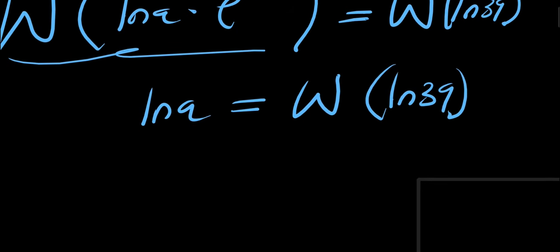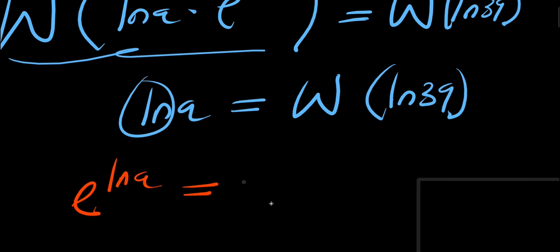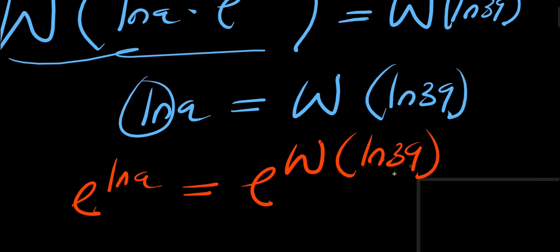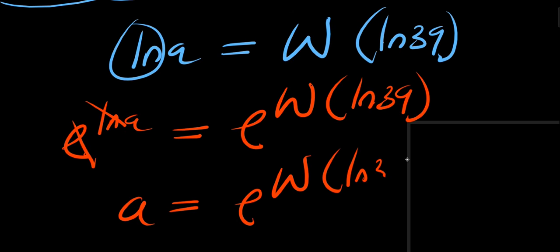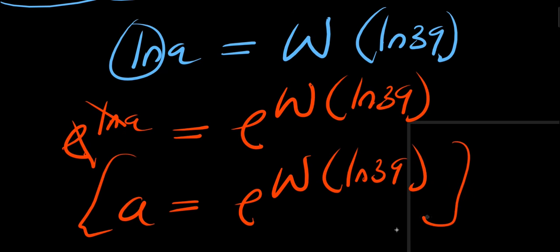So right now, we are solving for a. I need to eliminate this ln, then I need to bring in e. I have e power ln a equals e power the Lambert W function of ln 39. So what happened here is that the e can eliminate the ln. So I have a equals e power the Lambert W function of ln 39. So this is the solution to the problem.